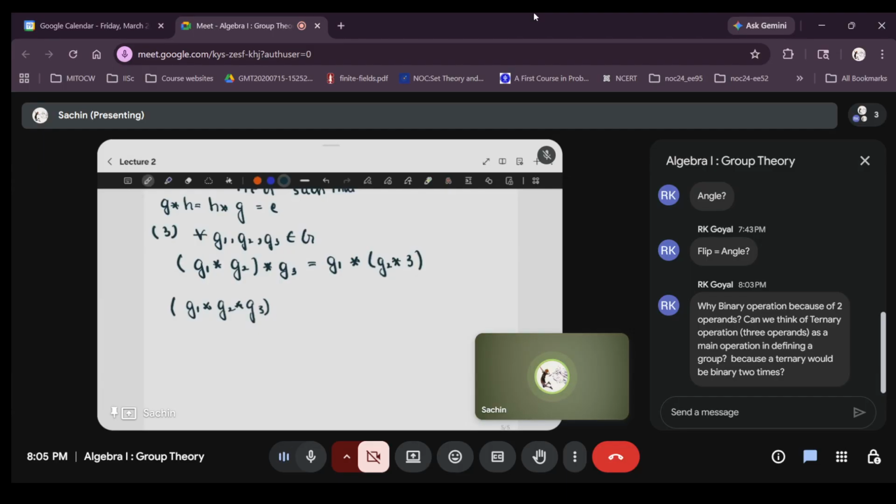And we compose only two functions. Composition of three functions at a time is not really defined.